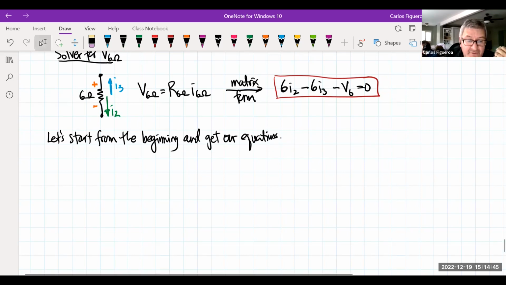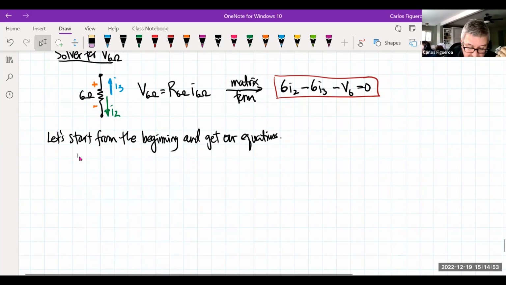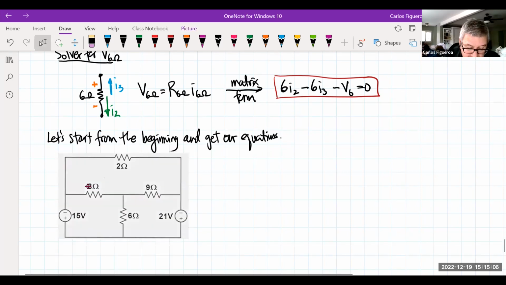The first thing I'm going to do is get the circuit, and it looks like this. Oops. Nope, apparently not. Let me try that one more time. So here's my circuit.